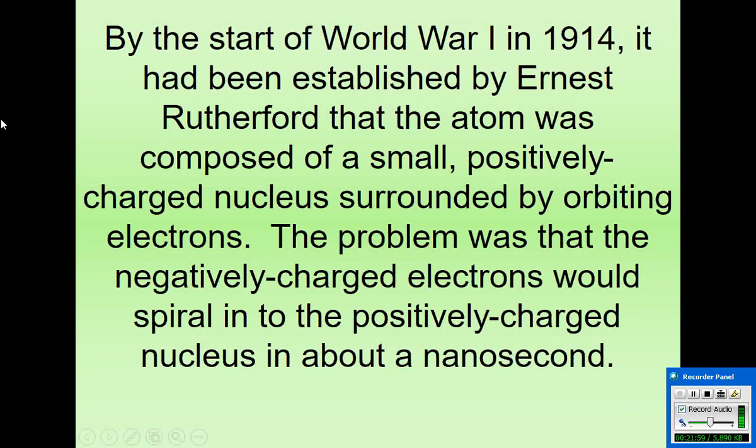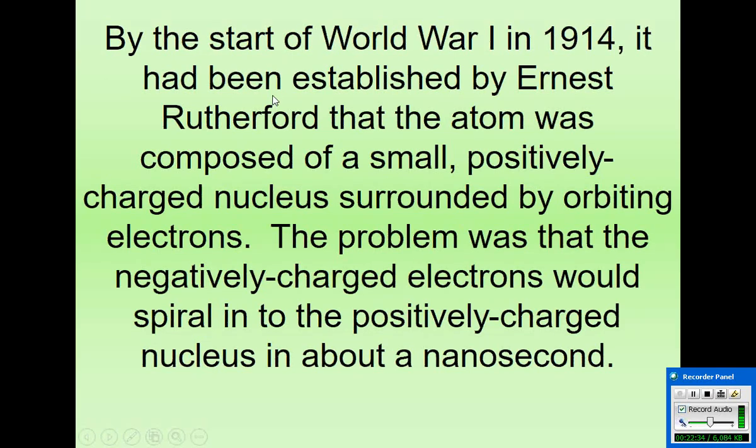Coupled with this business of atomic spectra was the knowledge that the structure of the atom kind of defied explanation. In the first decade of the 20th century, a New Zealand physicist working in England by the name of Ernest Rutherford, along with his graduate students, discovered the structure of the atom, that there was this small, densely packed, positively charged nucleus, and about it orbited the negatively charged electrons.